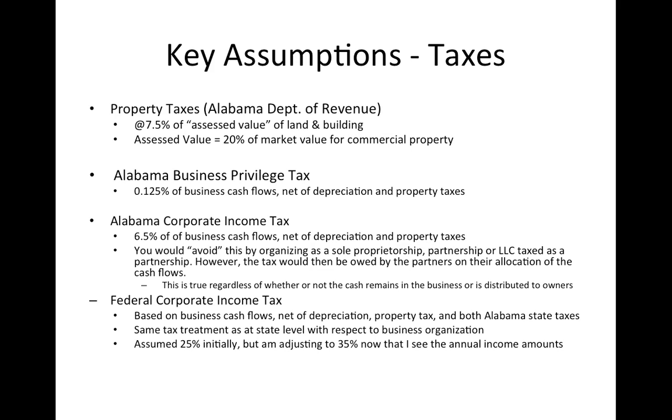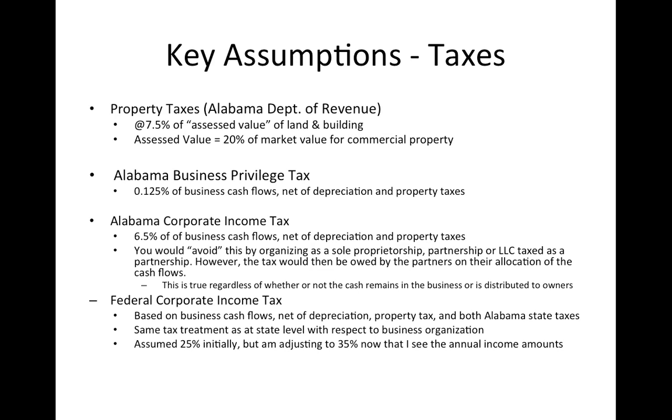It is the amount of taxable earnings that they earned over the year that gets distributed to you and that you have to pay taxes on. So you can't game this by saying, well, I won't pay the taxes this year, I'll just leave the money in the business. You can't do that.